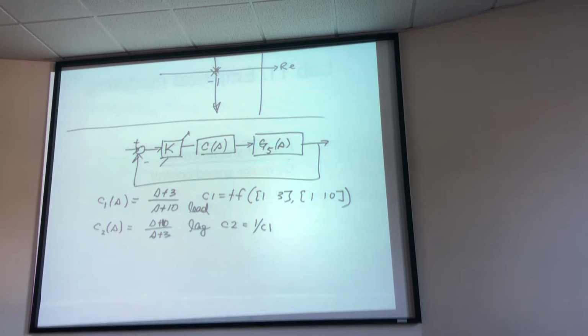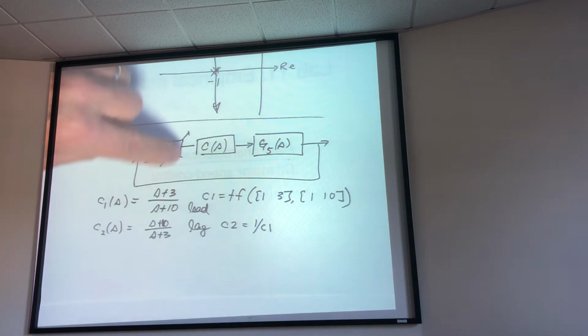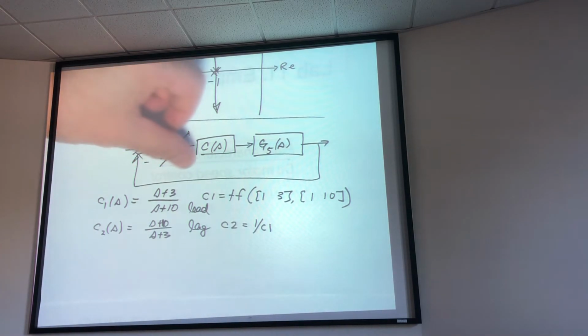Raise your hand if you say, we've got to calculate the closed-loop transfer function. No, we don't, right? That's the whole point of using the root locus. We don't calculate the closed-loop transfer function. We need to calculate the open-loop model. So what's the open-loop model? K is being adjusted, so the only thing that's left is C and G.